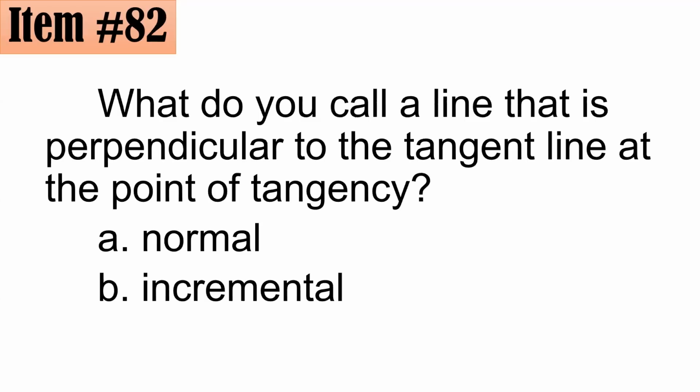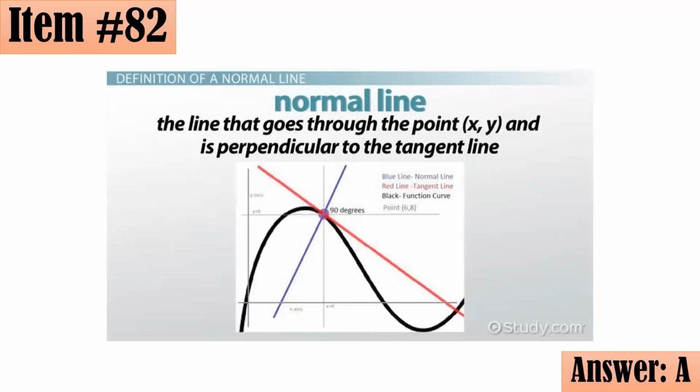82. What do you call a line that is perpendicular to the tangent line at the point of tangency? Is it a normal line or is it incremental line? This is in your calculus po. Normal ba ito o incremental? Letter A is correct. A normal line is a line that goes through the point XY and is perpendicular to your tangent line.